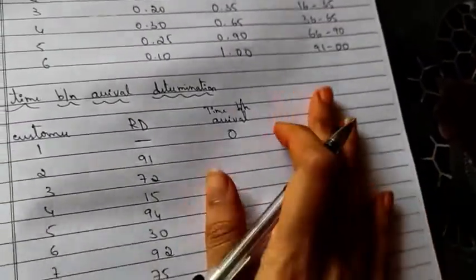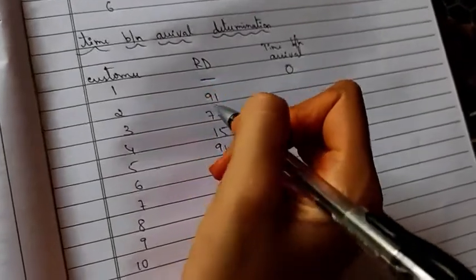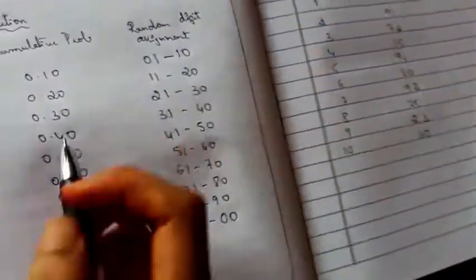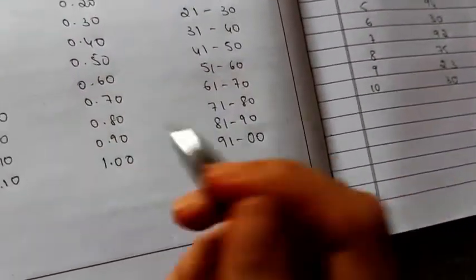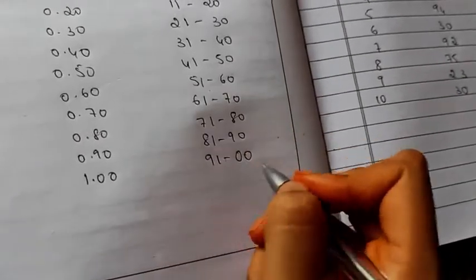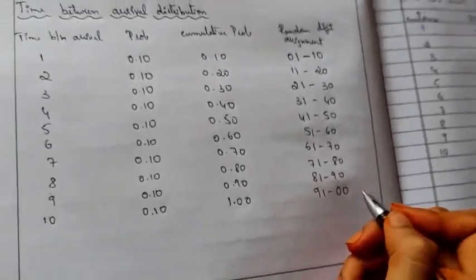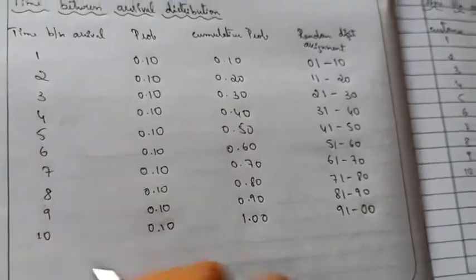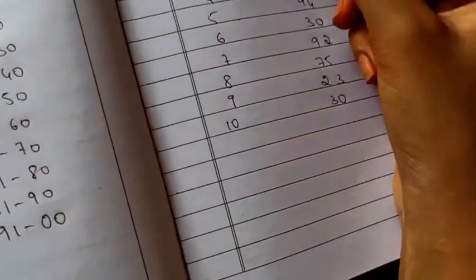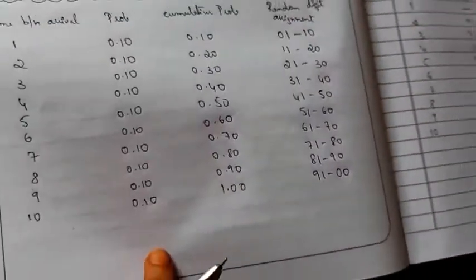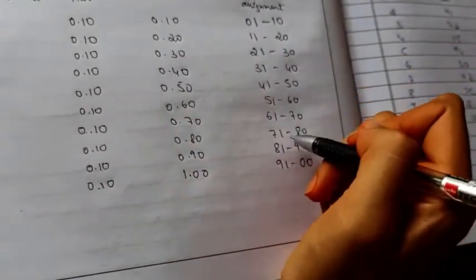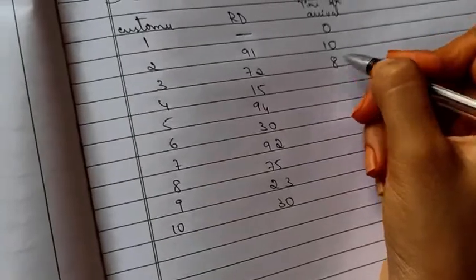Arrival is found as follows. Now we see the number 91. We check which range it lies in. It is over here, so the time between arrival for this is 10. Similarly 72, we see this table, 72 comes over here, so this is 8, so we write 8 here.